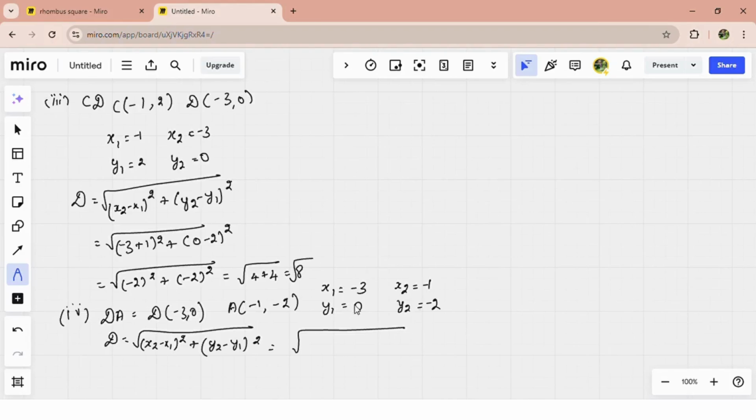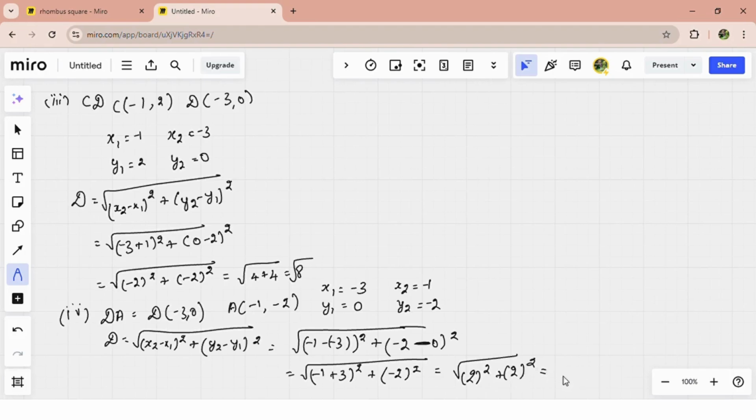If you substitute, x2 minus x1 is -1 plus 3, the whole square, plus y2 minus y1, which is -2 minus 0, the whole square. That is root of (-1 plus 3) square plus (-2) square, which is equal to root of 2 square plus 2 square, which is equal to root of 4 plus 4, equals root of 8.